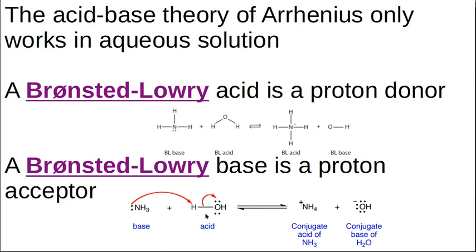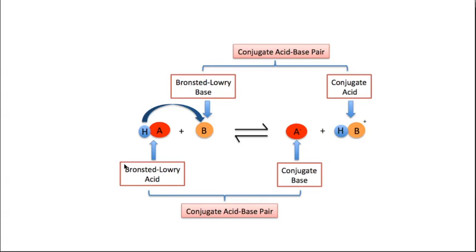Okay, so it's just a different theory, because this one can apply if you're not in aqueous solution. Obviously the example's got water, so it's aqueous, but there are other situations where this becomes important.